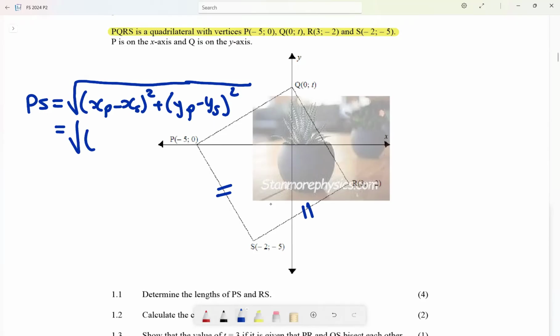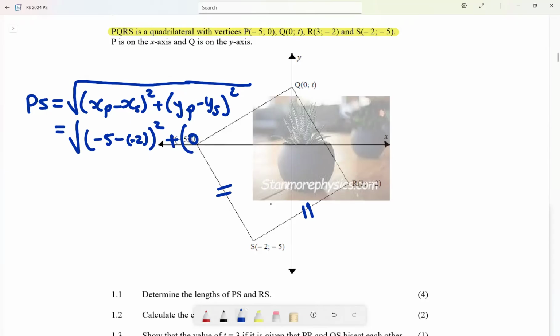X of P is -5 minus X of S, which is -2, which becomes a positive. Then I square that, plus, what is Y of P?